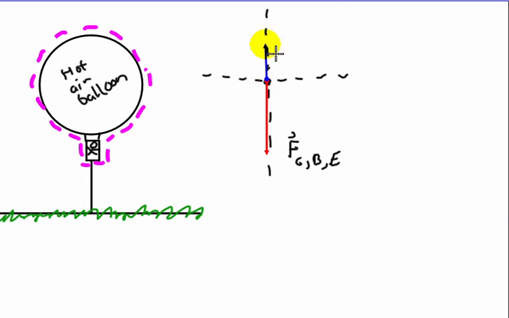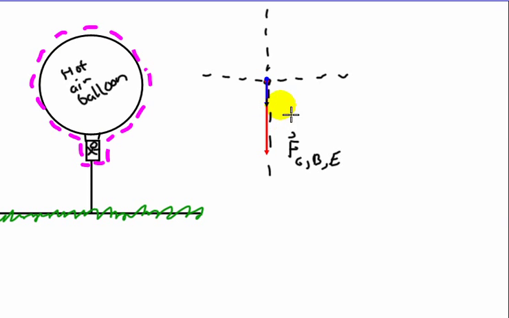So another force we can think about, well, let's think about this. We don't have anything that's obviously pulling it up, but we do have something that's obviously pulling it down in addition to gravity. We have that rope there, right? So we draw this vector.